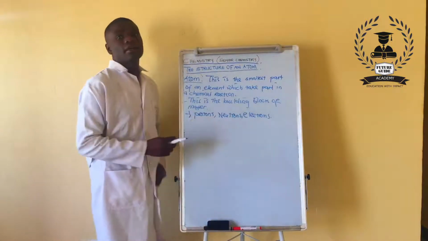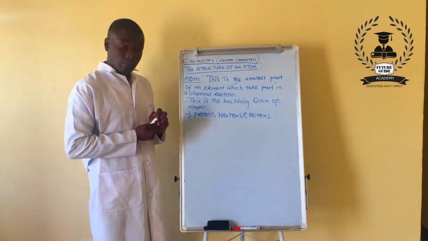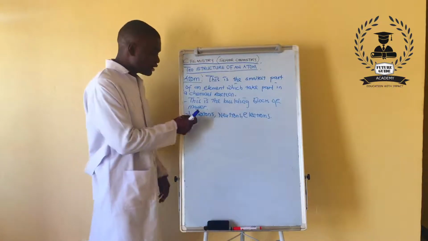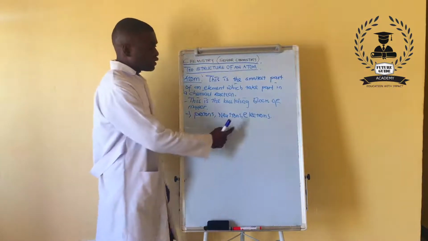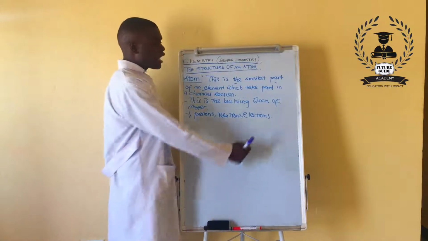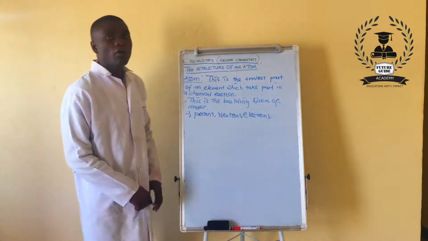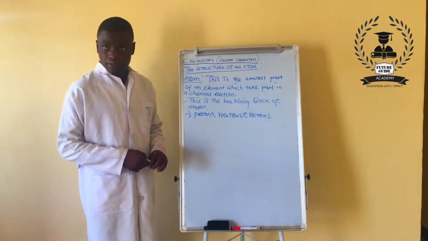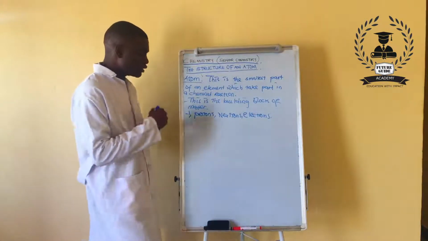These three parts make up an atom. You are supposed to understand the location of protons, the location of neutrons, as well as the location of electrons on an atom. Now, this is how it is.